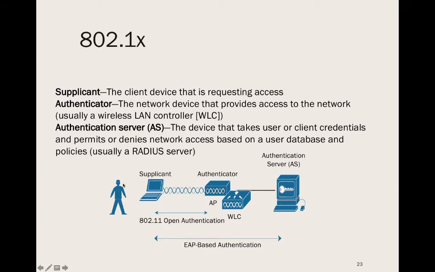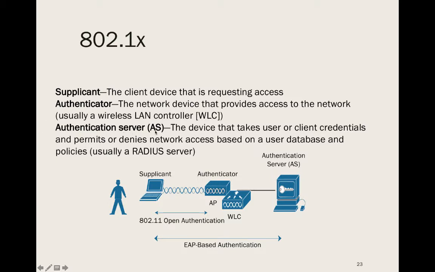We have the supplicant, which is the client device that is requesting access. We have the authenticator, the network device that provides access to the network, usually a wireless LAN controller. So in this section between the access point and the client, we can have open authentication, but the real authentication happens from the WLC onward.